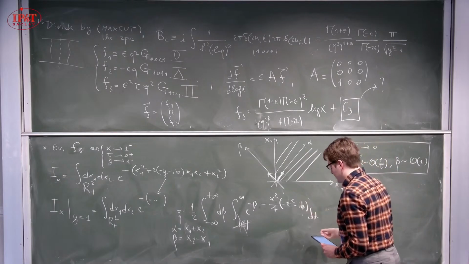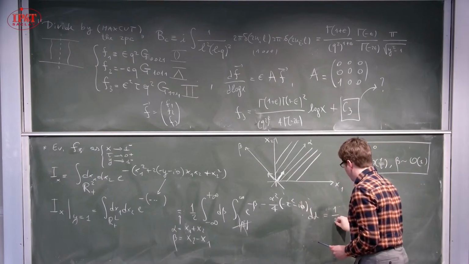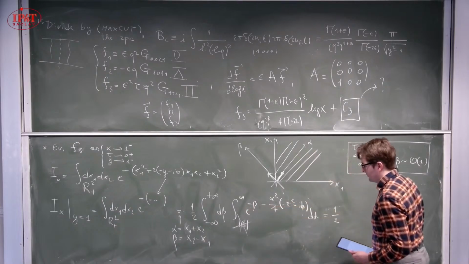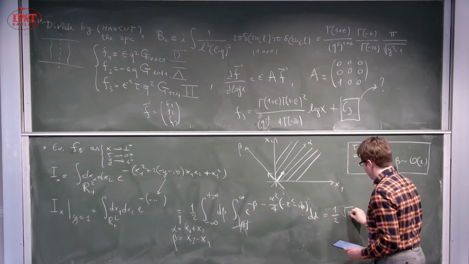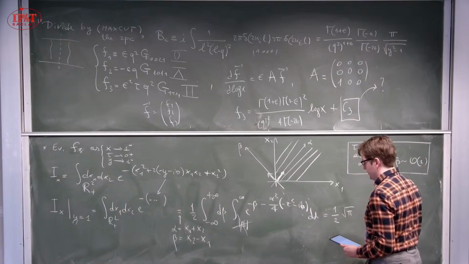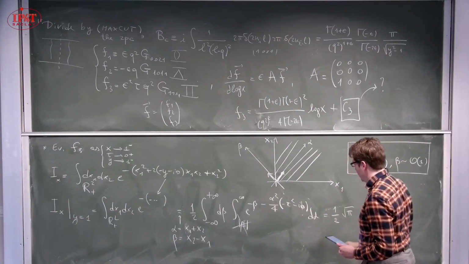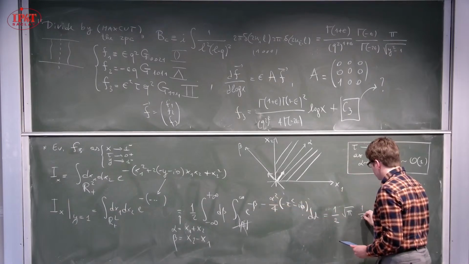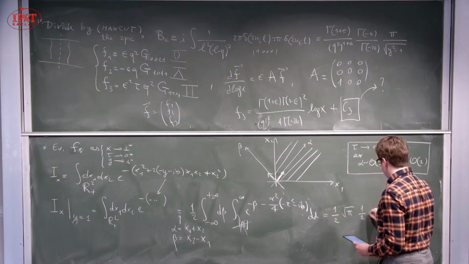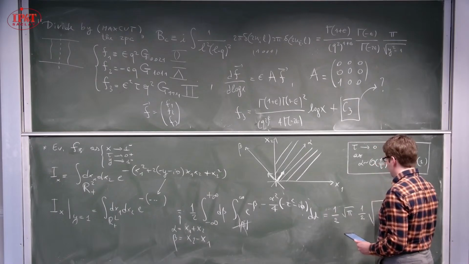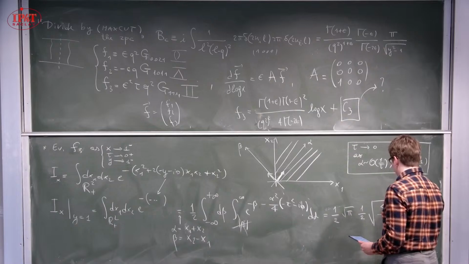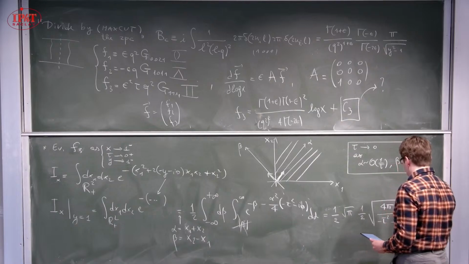So then these two are Gaussian integrals. There is 1/2. The integral over beta just gives us square root of pi. And the integral over alpha gives 1/2 because it's half the Gaussian integral, times the square root of 4 pi divided by minus tau squared minus a0.